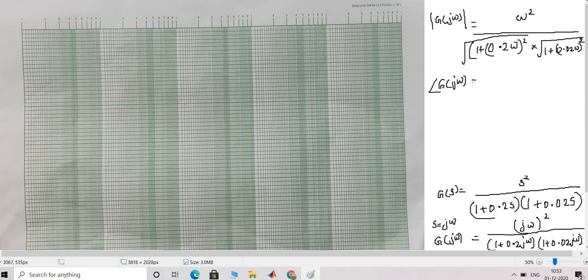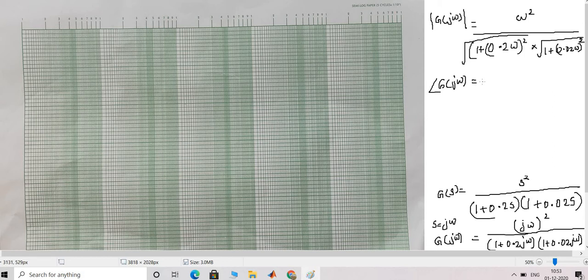The phase angle equation is the phase angle of G(jω). Here there is an s² term in the numerator, or a double differential, which indicates there are two open loop zeros at the origin.